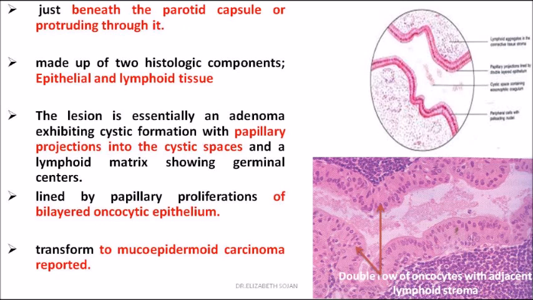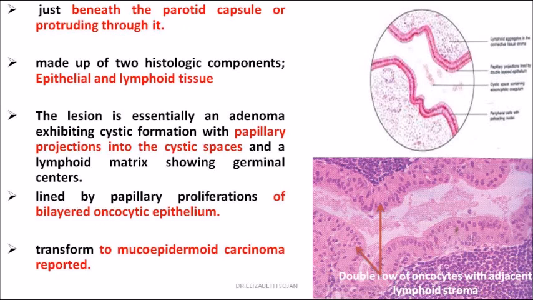Clear? So that also they can ask you in MCQ: to which salivary gland tumor is the transformation happening? It is transforming into mucoepidermoid carcinoma. Understood? So the other term of Wharton's tumor exactly coincides with the histology. You can see the papillary projections, you can see the cystic spaces, and you can see the lymphoid area.